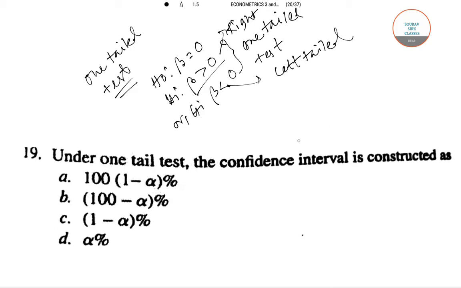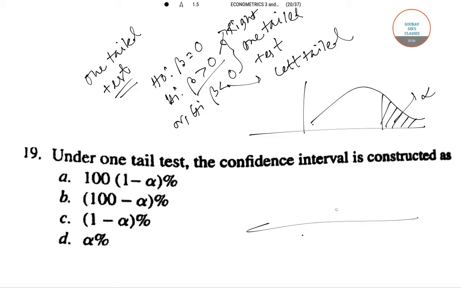Because of this, the graph will be on either this side or this side. So the alpha, the critical region, lies on only one side of the normal curve. But still, the confidence interval remains 1 minus alpha.